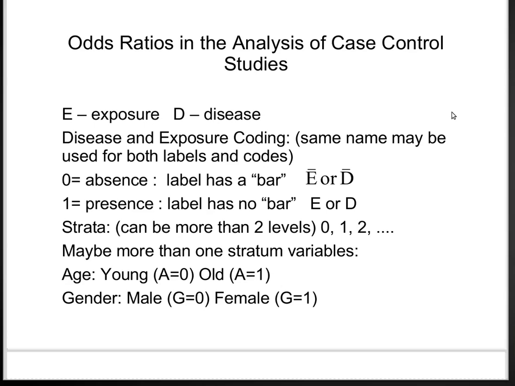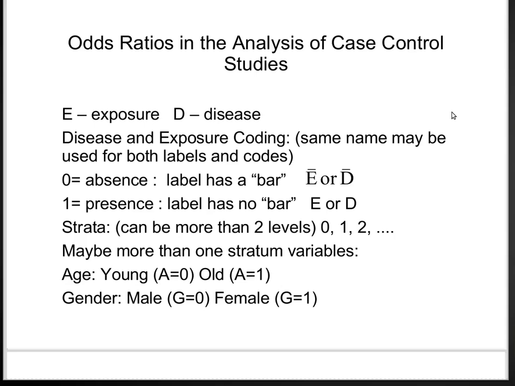But as you'll see later on in this session, there are important issues concerning odds ratios in the analysis of case control studies and also in other studies for which odds ratios are often used.